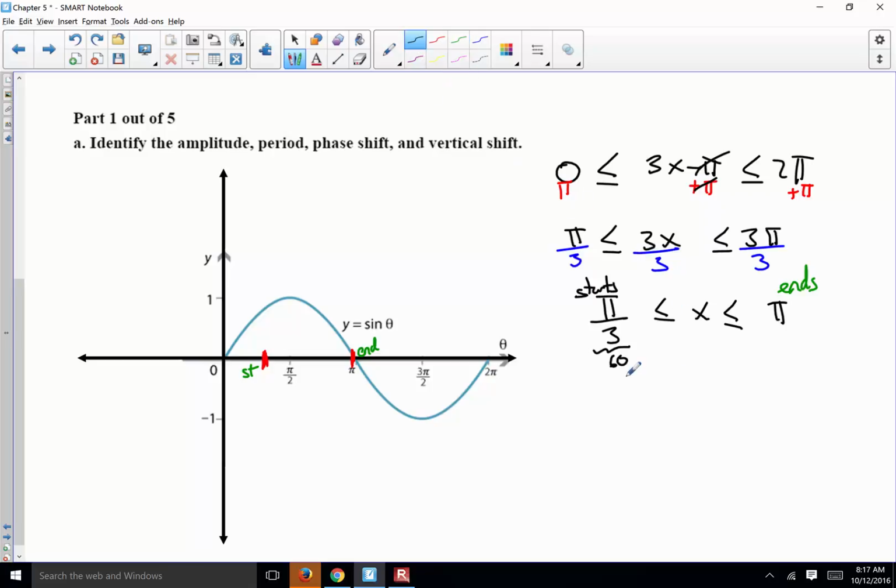Alright, let's compute the period. We'll need that as well. The new period is 2 pi over b. B is this number. Okay, so it's going to complete its full turn up and down in a range of 2 pi over 3. And this distance is already 2 pi over 3.